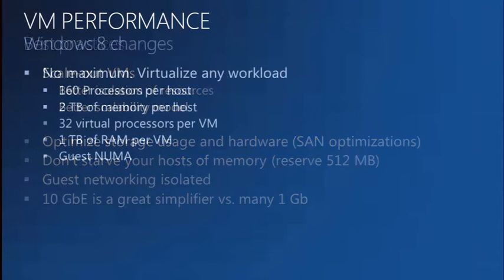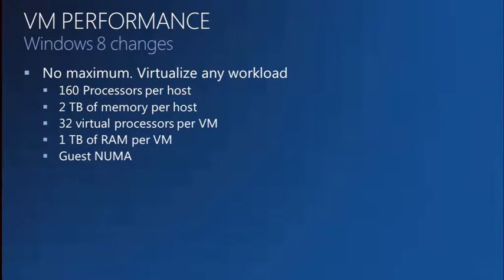So what's changed in Windows 8? Windows 8 has dramatically increased scalability of virtual machines within the context of your clusters or in your standalone systems. What that doesn't change is the inherent best practice of scale out. Tends to be a great model to use. However, at this point, we can practically virtualize any workload. And that's awesome.